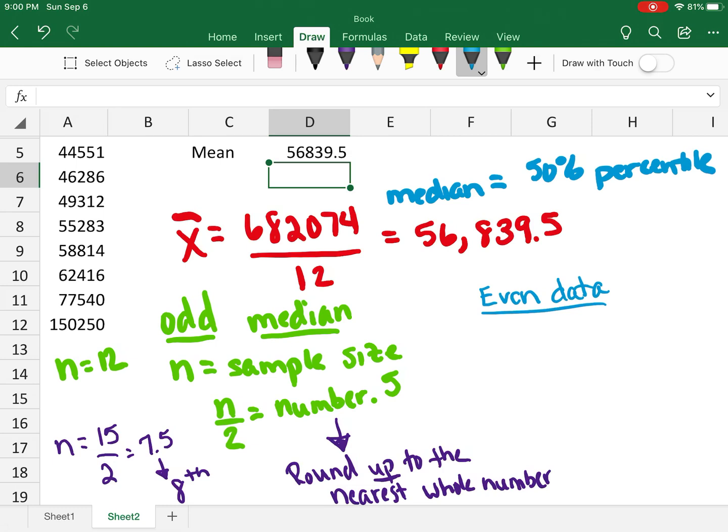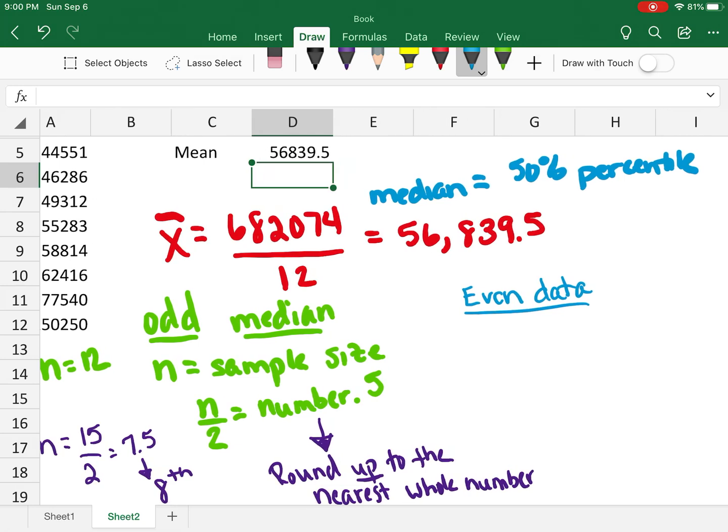So for an even data set, when you divide n by 2, you're going to get a whole number. Now, the problem with that, though, is that technically there are two medians for an even set. There is no true middle number. So to find the actual middle number, we're going to average those values. So here's how this works.